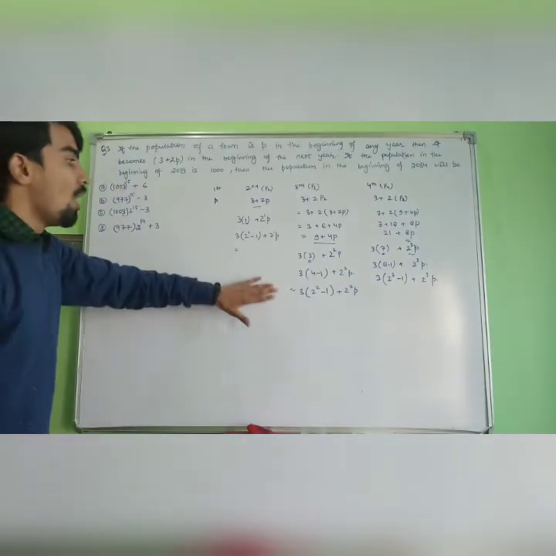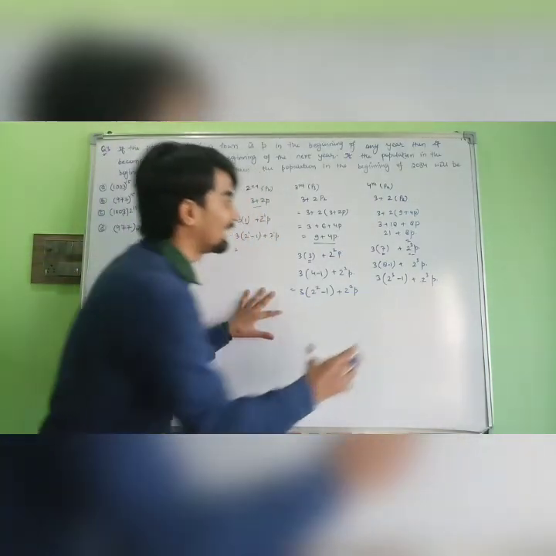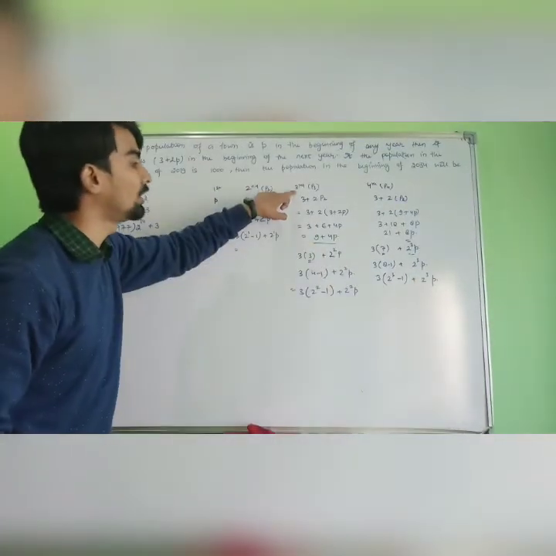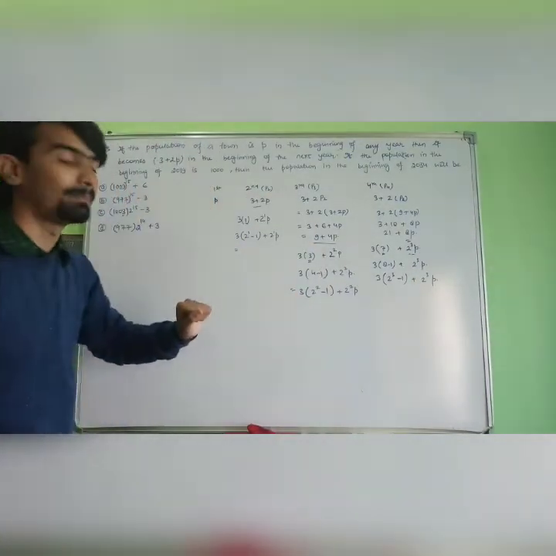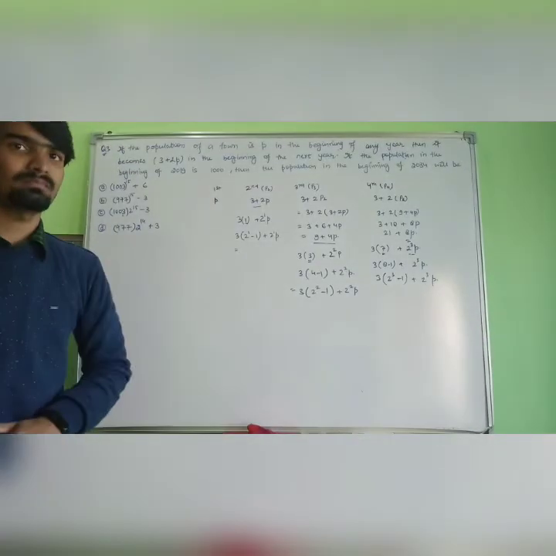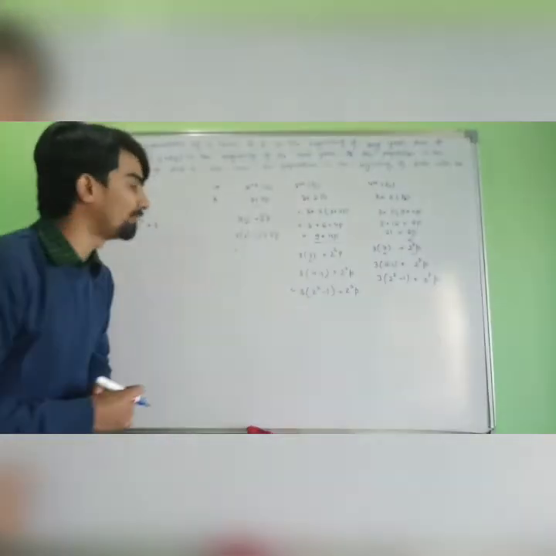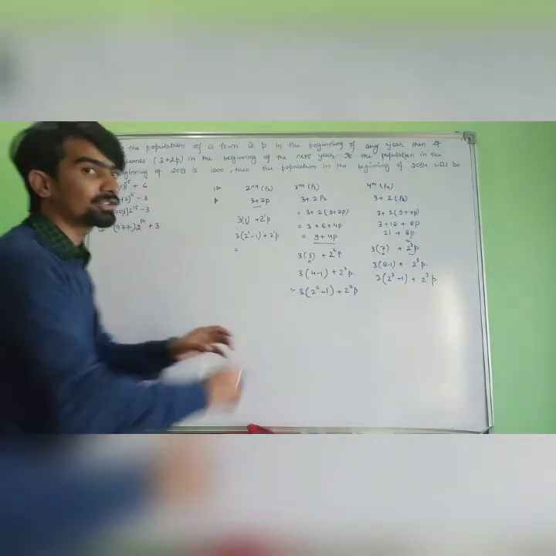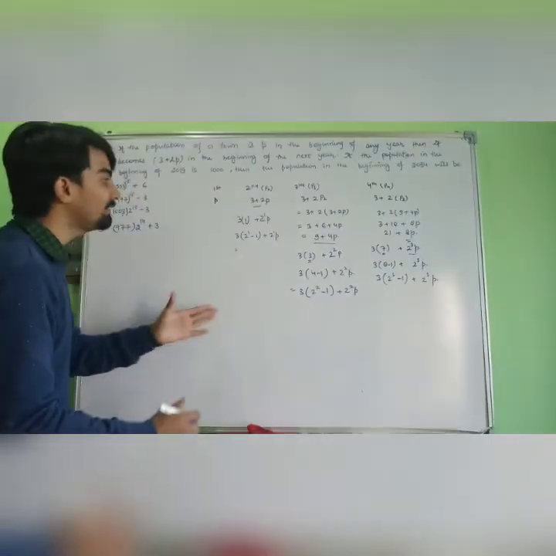Clear? Okay. A pattern is coming: for the fourth year the power is 3, for the third year the power is 2, for the second year the power is 1. If we calculate the population of the nth year, what will be the general formula?